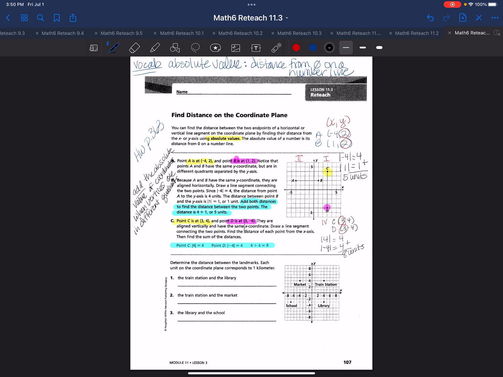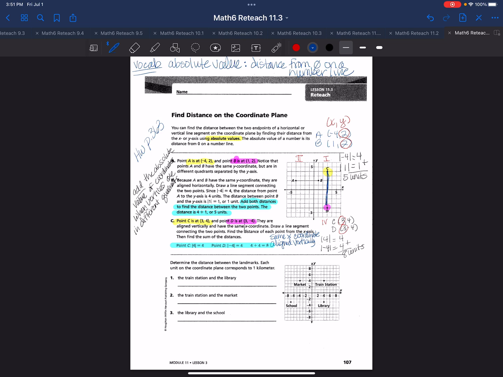Just remember here that when they have the same x coordinate, something to note, they're aligned vertically. So you can see here, this is the example where they're aligned vertically.